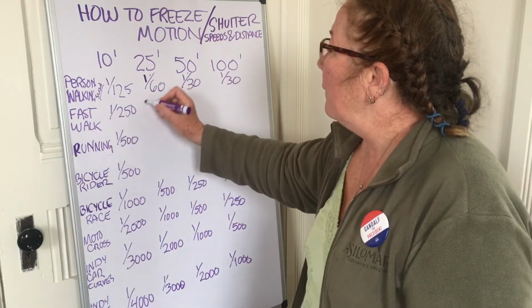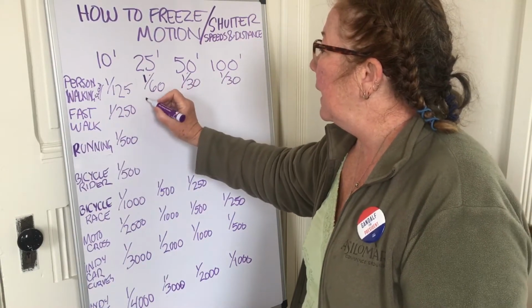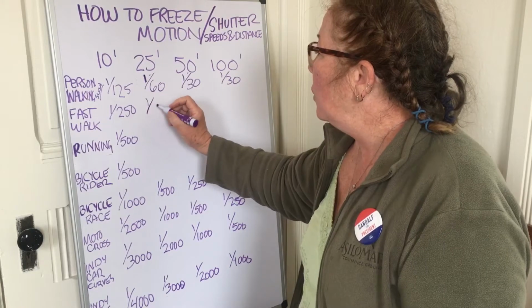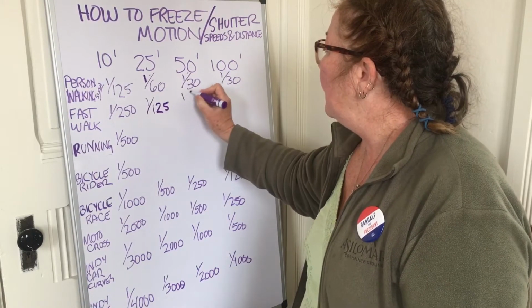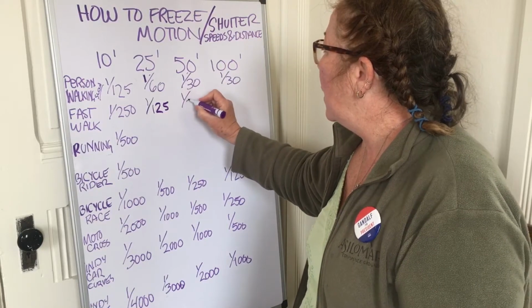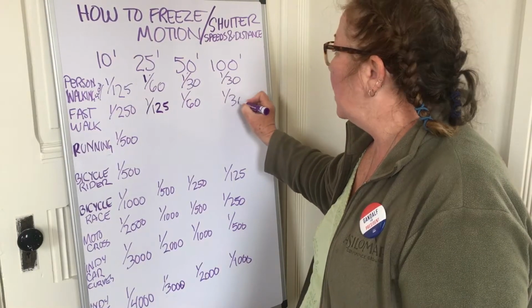A person walking fast, at 10 feet away, you can freeze motion at 1/250th of a second. At 25 feet, 1/125th. At 50 feet, 1/60th of a second, and 100 feet at 1/30th.